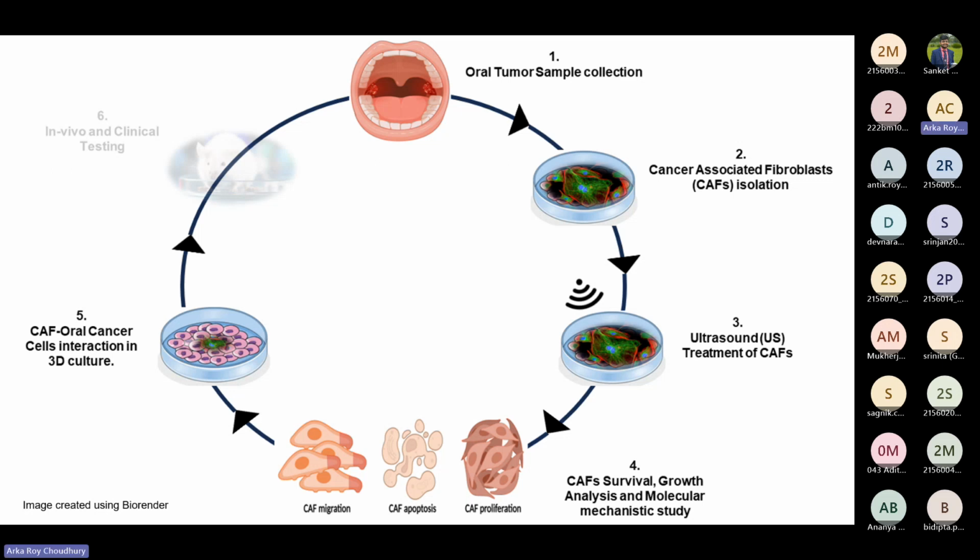And in that media, how the cancer cells behave is what I'm going to check in the future. Also, this 3D spheroid I'm going to treat again with ultrasound, and then check their behavior, whether it helps in the apoptosis of cancer cells.